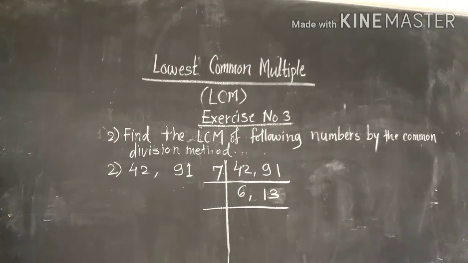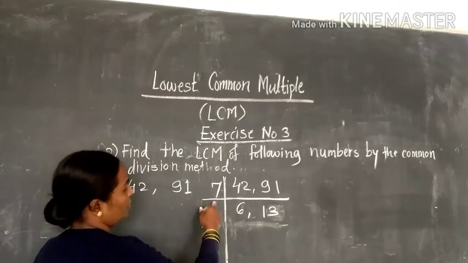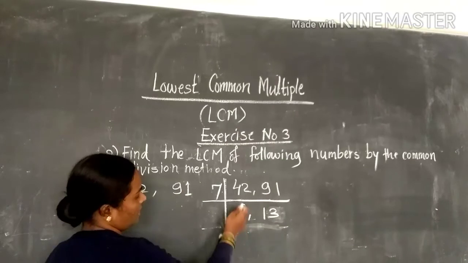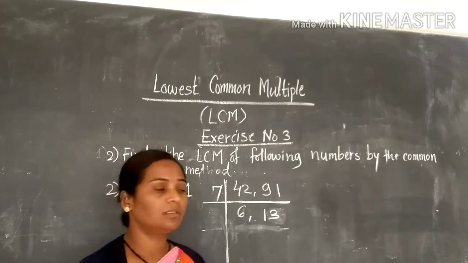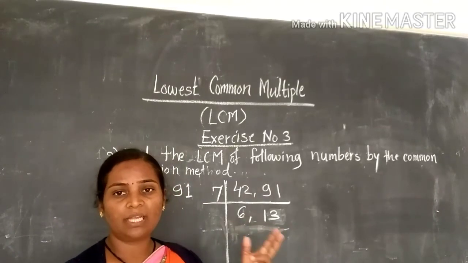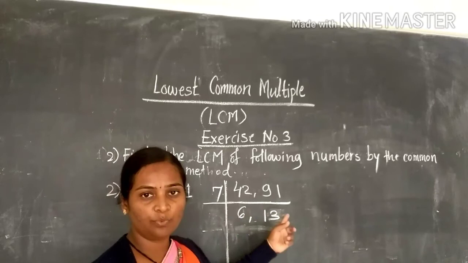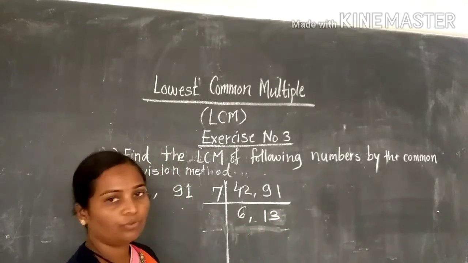Okay. See here, we have to divide by 7. 7 6s are 42, then 7 13s are 91. These numbers again cannot be divided by any prime number, so it is not divisible. So what should we do?